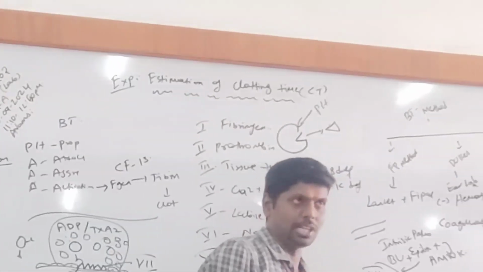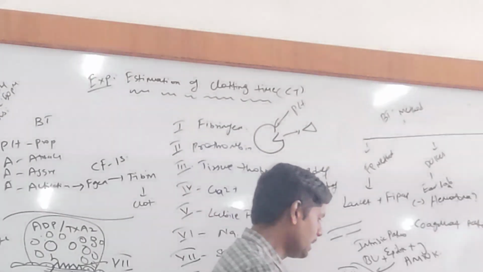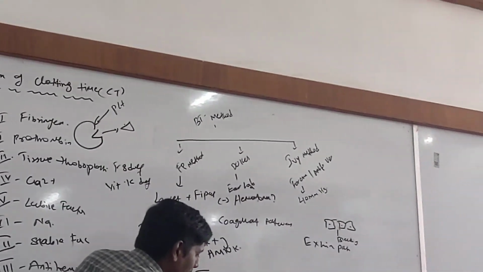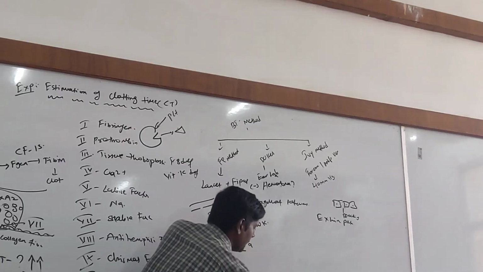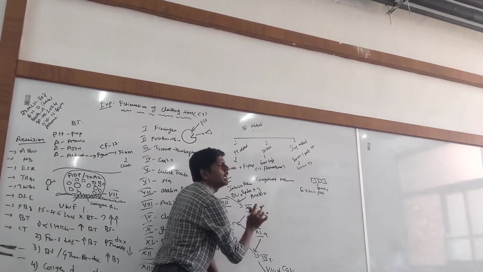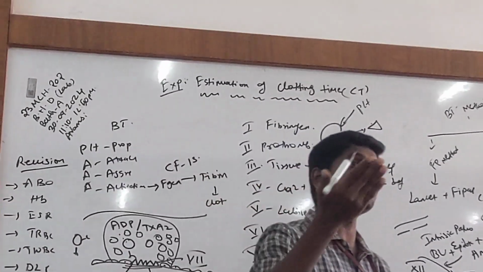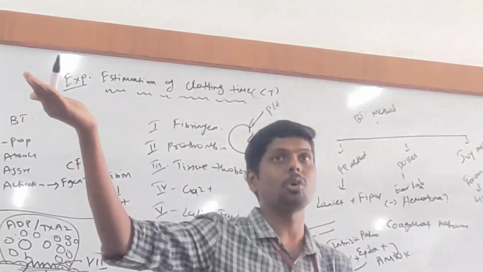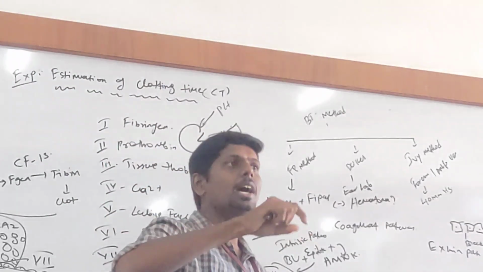Now, in the presence of factor 8 plus calcium, here also calcium. Everywhere calcium is present, by the way, keep in mind. Calcium is one of the cofactors. If you remember cofactors in enzymes, magnesium will act as a cofactor for some enzymes.